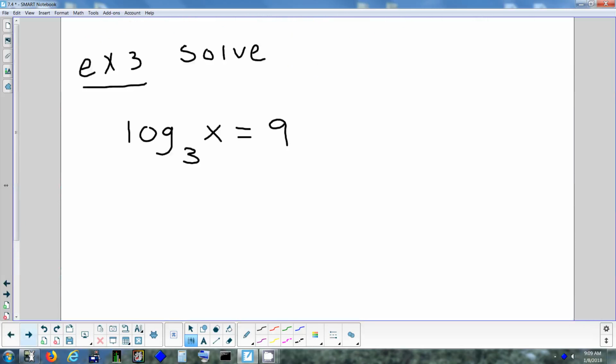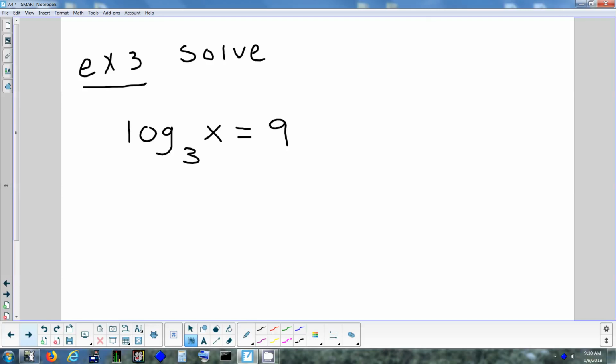All right, let's try this one. Log base 3 of x equals 9. Hey, Emily, do I have multiple logs in this problem? No, I only have one log, so the rule for combining logs doesn't apply. There's nothing to combine, it's already combined.